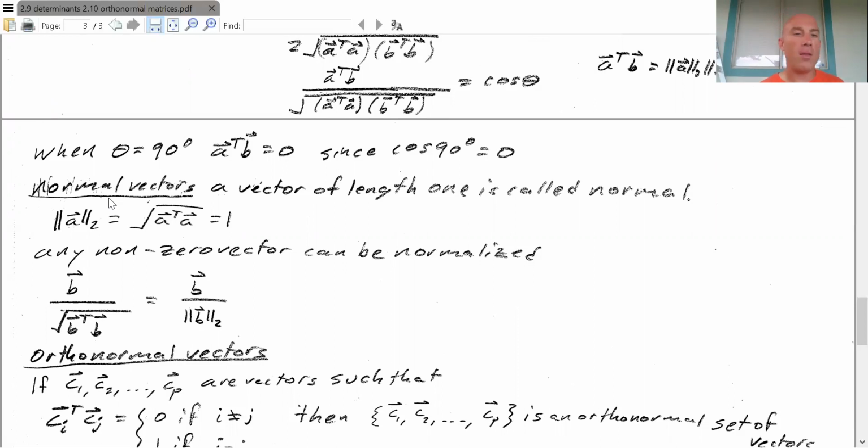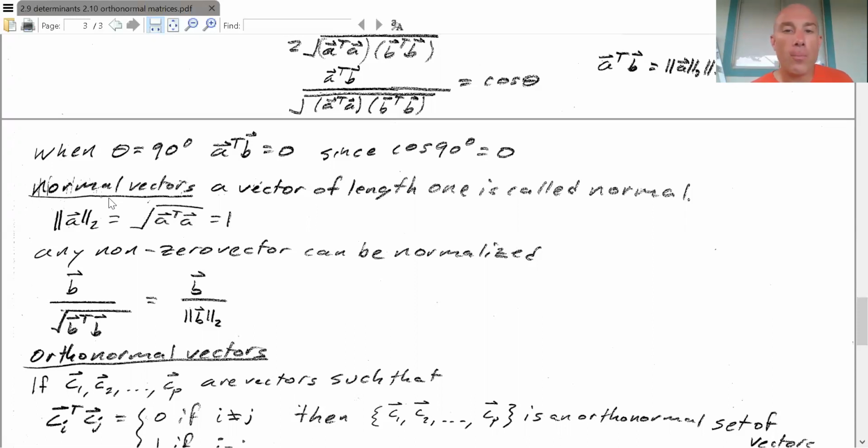It's used in matrix algebra. It's used in physics for the normal direction, which is what you feel when you're doing a sharp turn in your car. You've got normal topology. You've got a normal subset in abstract algebra. Every field uses the word normal. When you see it, you need to ask, what type of normal are we talking about? For us, a normal vector is a vector of length 1.